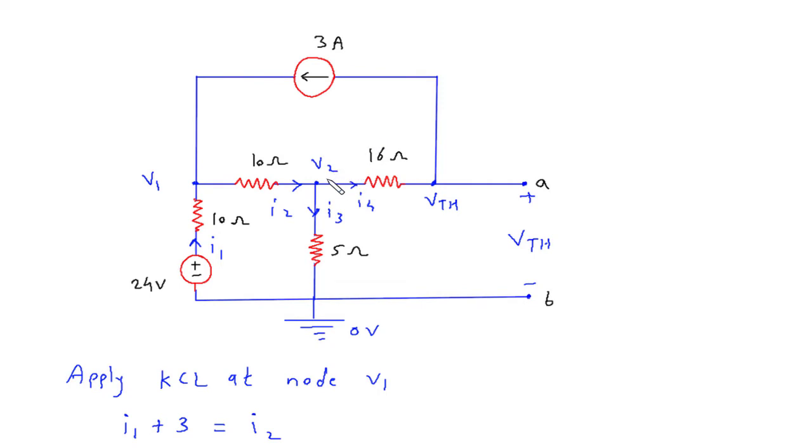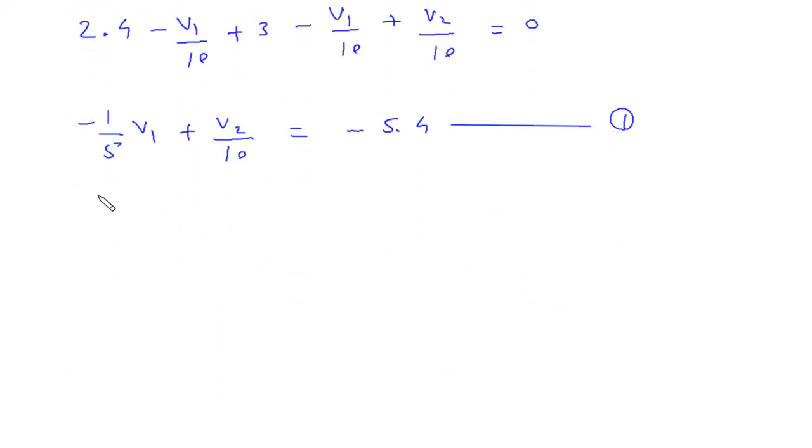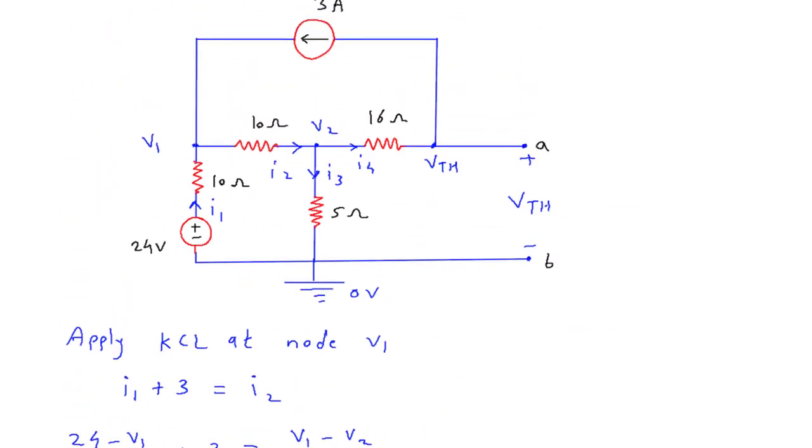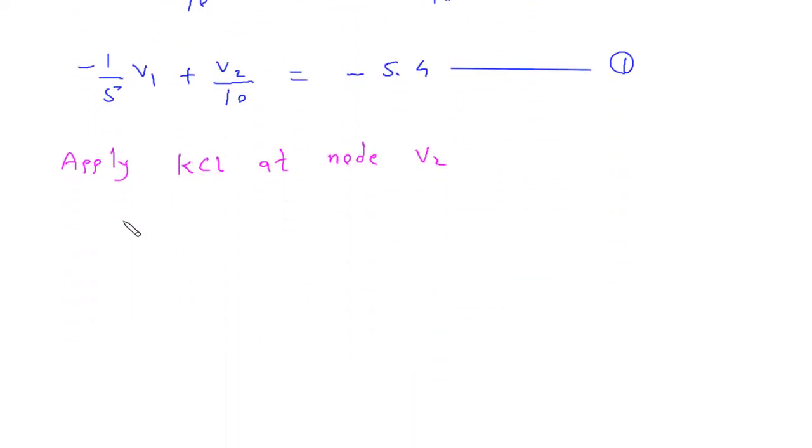Now we will apply KCL at node V2. Entering current at this node is I2. I2 is equal to leaving current I3 plus I4.